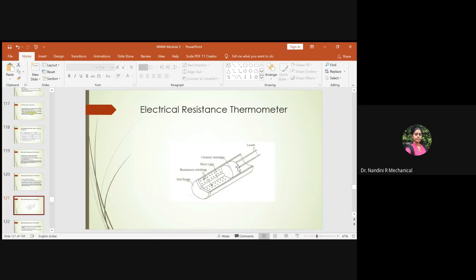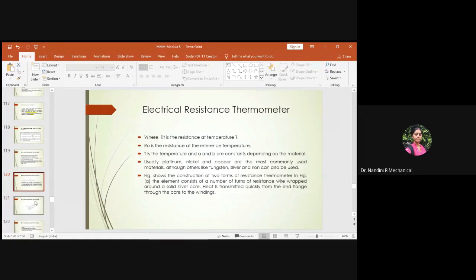This is a cut section, which shows how the silver core is placed at the center and how the resistance windings are wound around it. The end of the silver core is connected to a ceramic insulator. Once it has been insulated and packaged with a proper flanging material, it is connected to the lead wires, which are connected to the circuitry board for measuring the required data.